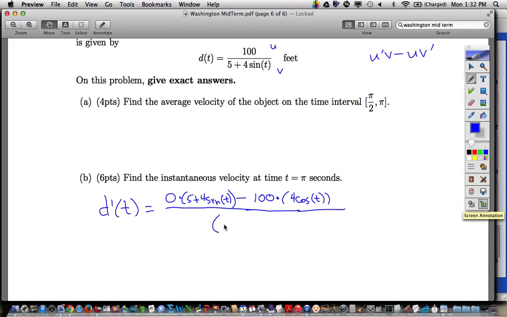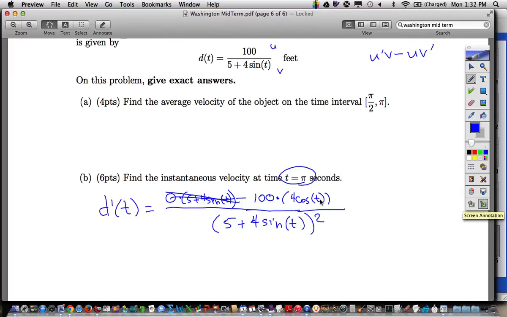And then the bottom squared: 5 plus 4 sine of t, all squared. Now, we're supposed to do the derivative when t is equal to pi, so we plug it in. But that's our derivative. Now, this whole thing is 0, so that doesn't matter.